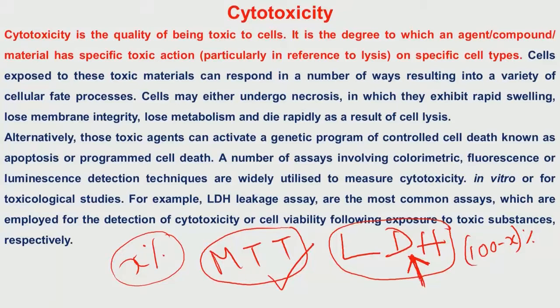When you do the LDH assay, only then can you say that Y percent of the cells in a given population are dead, not alive anymore. X plus Y can be 100, or may not be 100, or less than 100. So, in cell biology, one cannot make overstretching statements based on information obtained from a single assay.